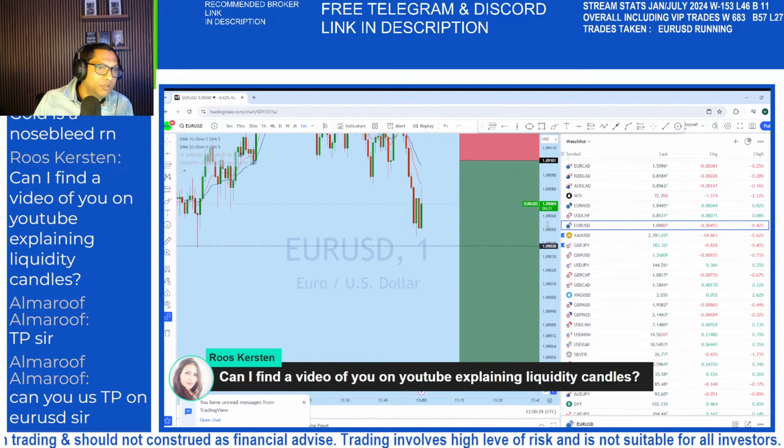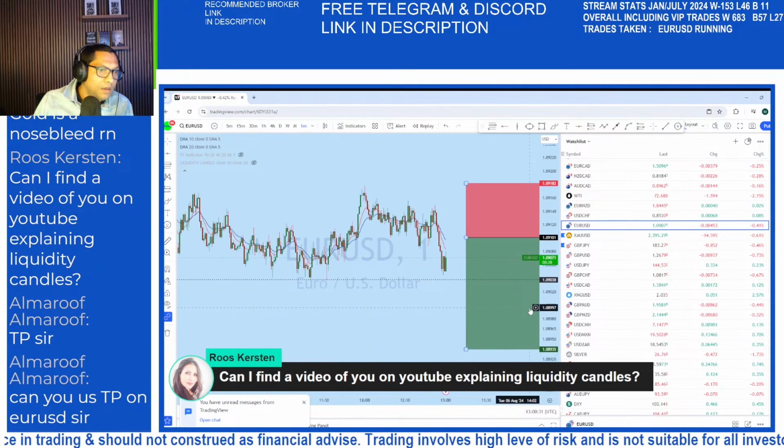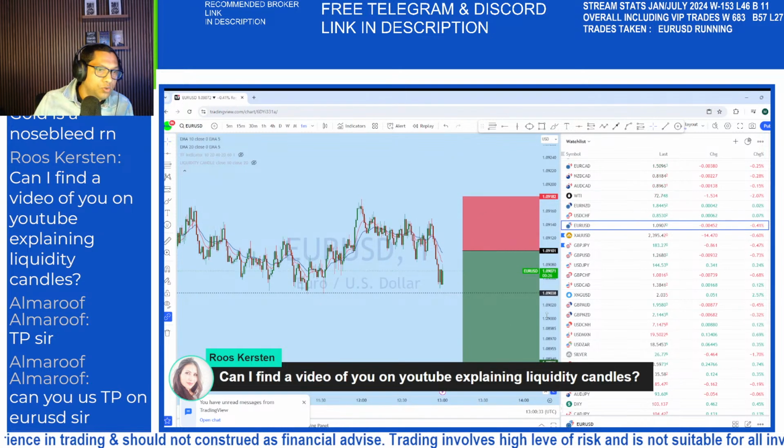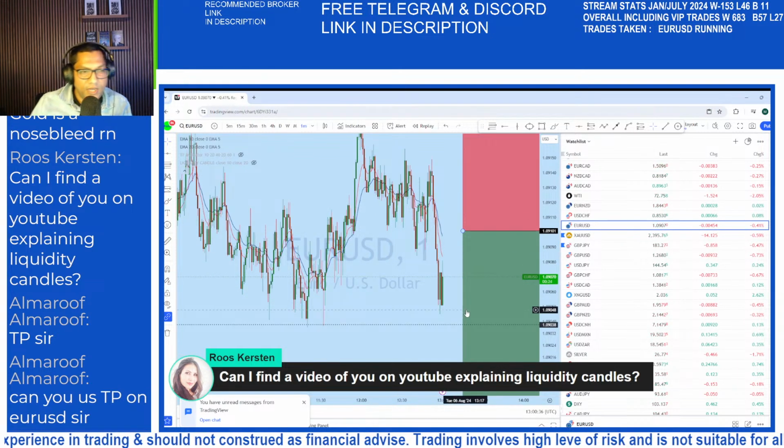So this is a 1 minute candlestick pattern. We might need to very soon wrap some or take some profit here.